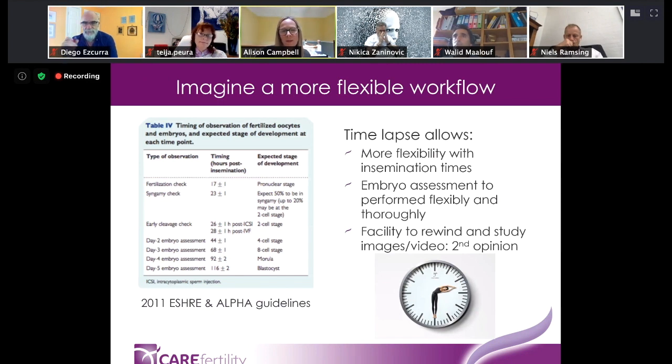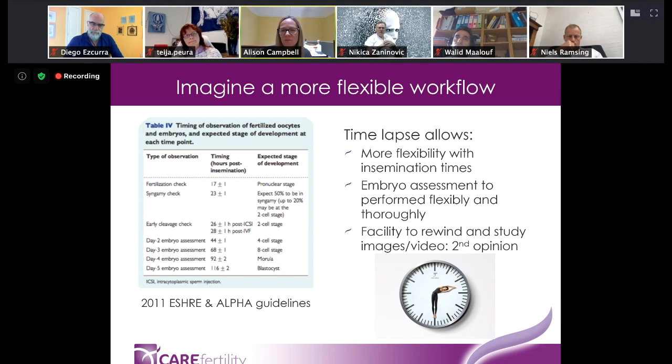So we have the guidelines. They're hopefully going to be updated quite soon, but as it stands, we use the ESHRE and Alpha guidelines broadly across the world, which suggest the right time, in hours post-insemination, when we should check for fertilization, syngamy, and embryo development. So time-lapse means we can make an assessment at precisely the recommended time.